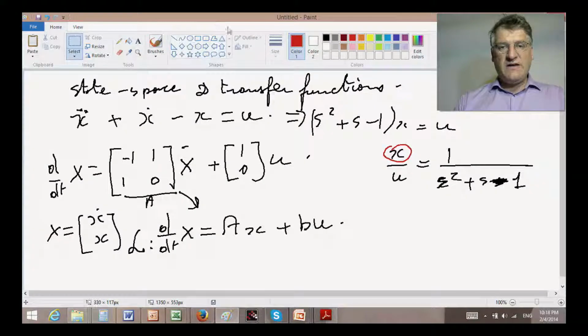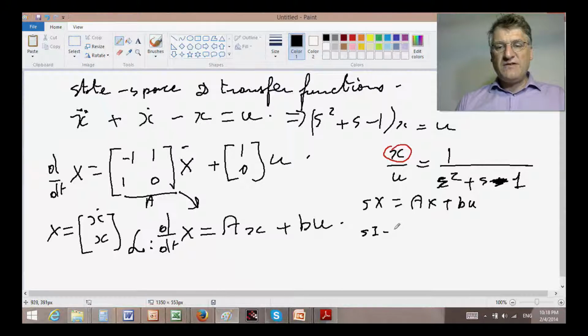So, my expression for A, so I will have the expression sx is equal to ax plus bu. I skip the hats. Okay, as long as there is an s, you know we are in the Laplace domain. Or in other terms, if you put this guy on the other side, I get that sI minus A times x must be equal to b times u.